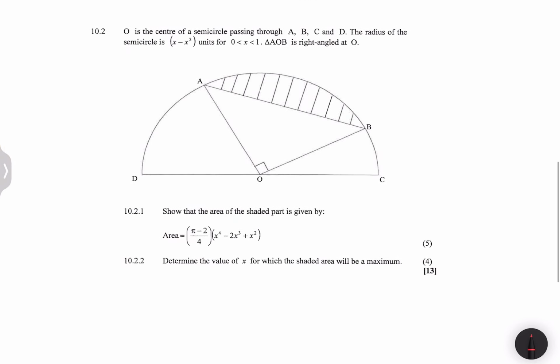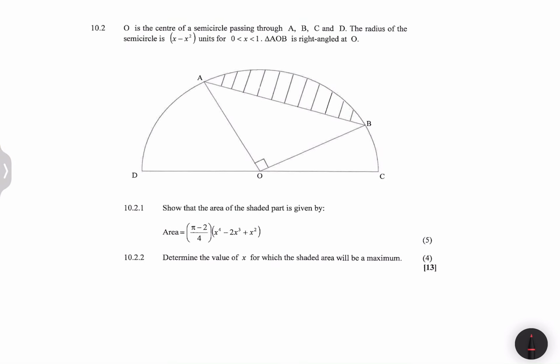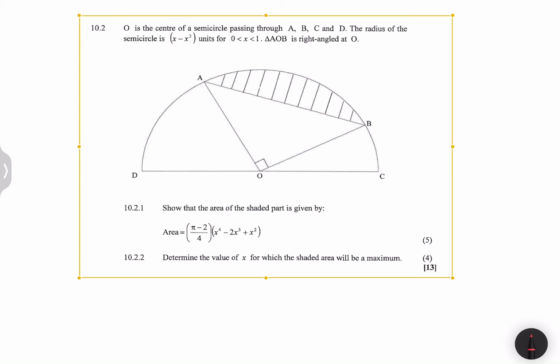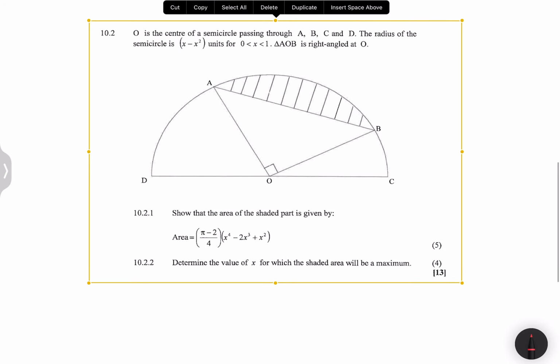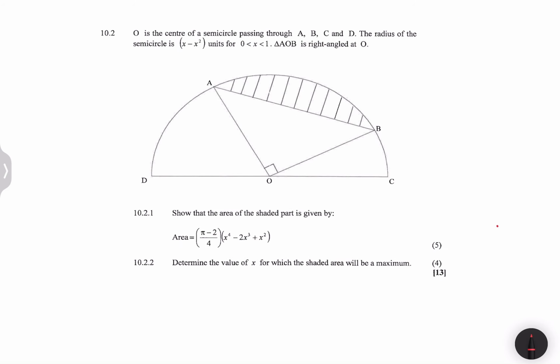Right, and we move on now to the application of calculus. I'll just try to expand this a little bit to make it more visible. Okay, this guy is misbehaving. So they say to us O is the center of the semicircle through ABCD.